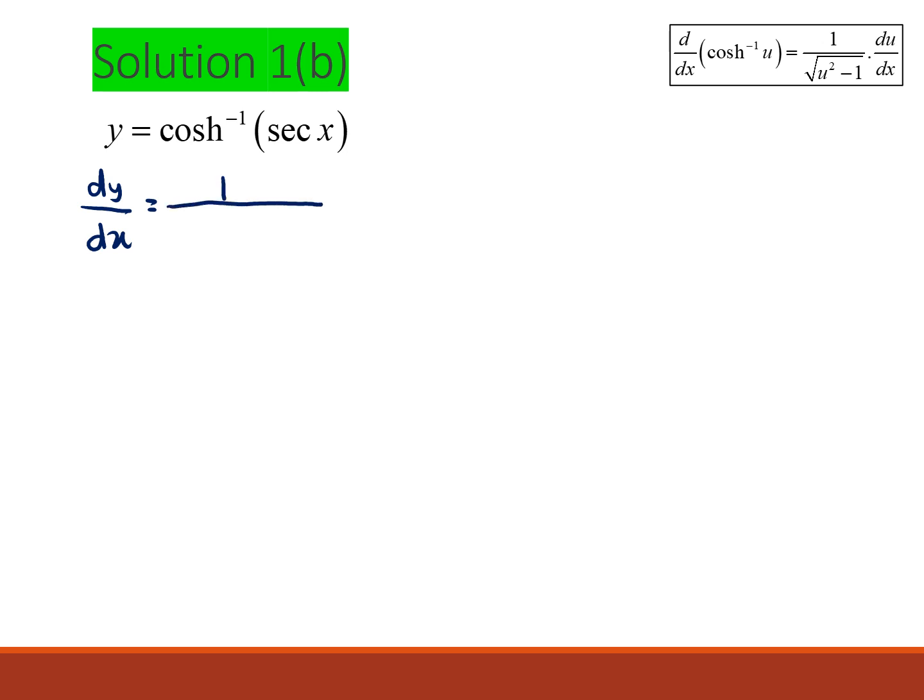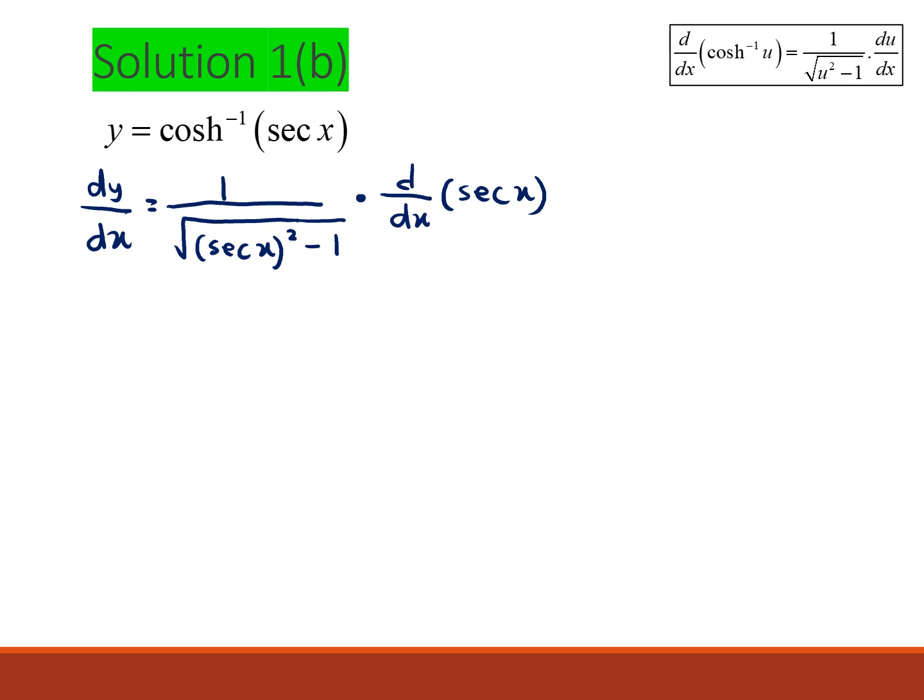So we get 1 over square root of u square, where u is represented as secant x, minus 1, times the derivative of the inner function, which is secant x.